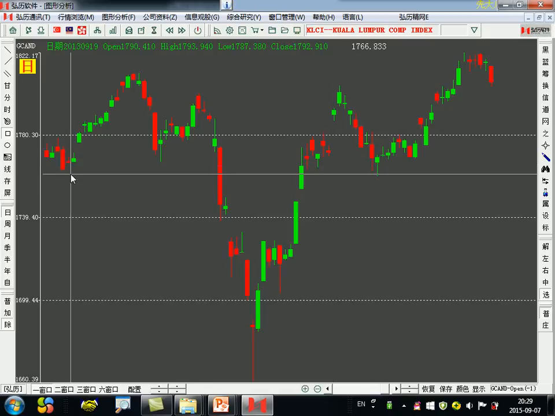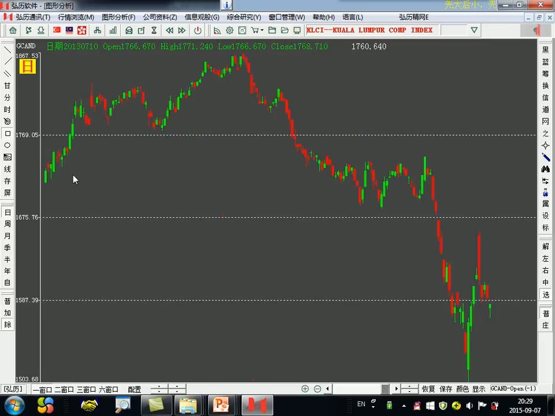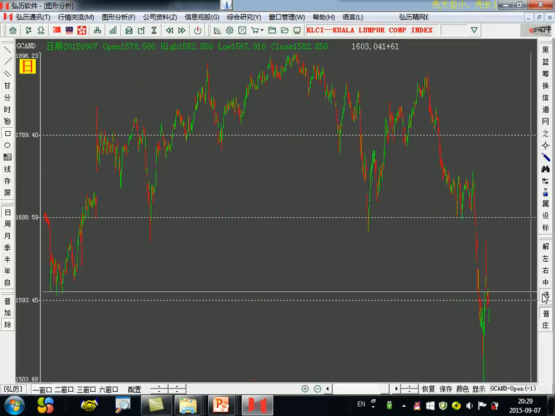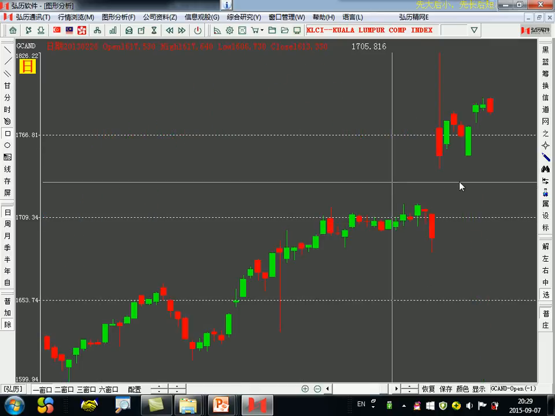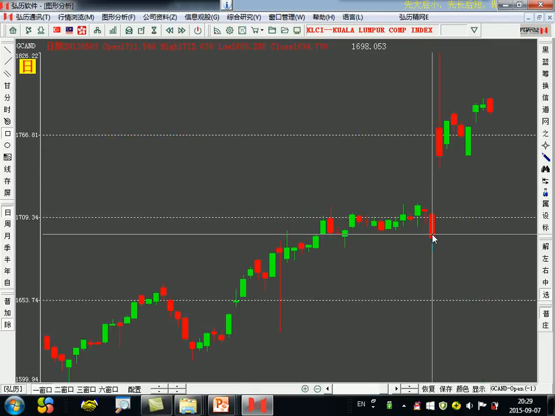Others, you can see here. Or you based on May 5. The close is 1694.